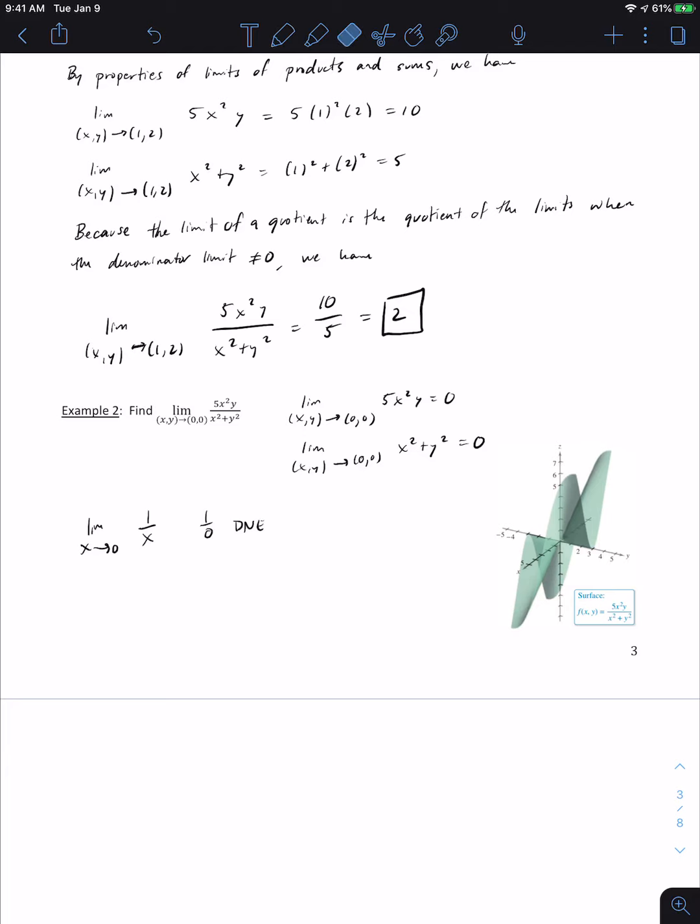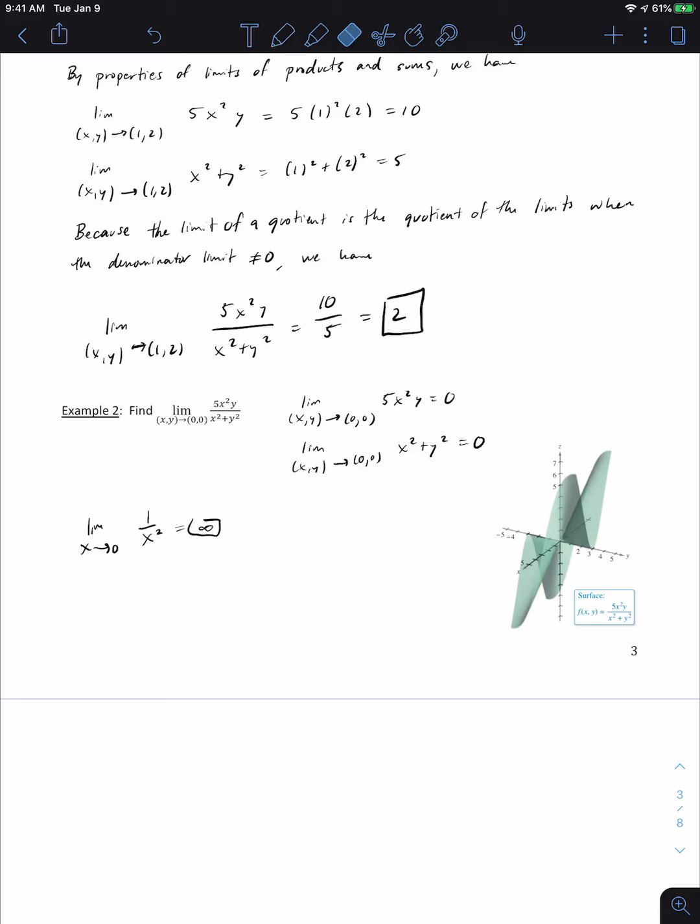If I looked at the example of maybe 1 over x squared, I didn't just say, oh, that's 1 over 0 squared, which does not exist, boom, done, right? That wasn't right, because we know the limit as x approaches 0 of 1 over x squared is actually equal to positive infinity, right? So remember, in this case, we had to look at left and right hand limits and do a little bit more work.